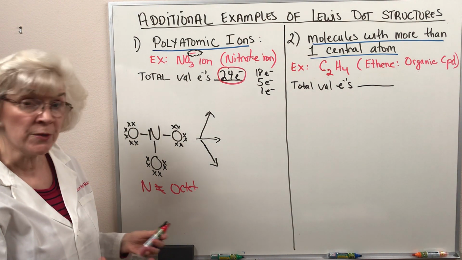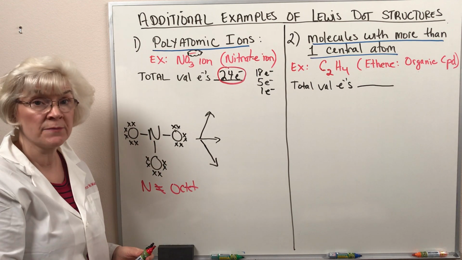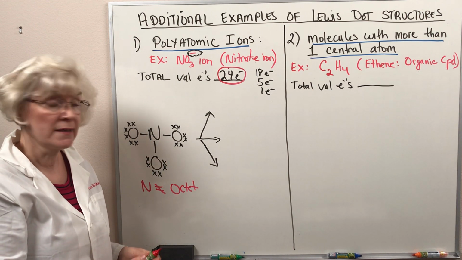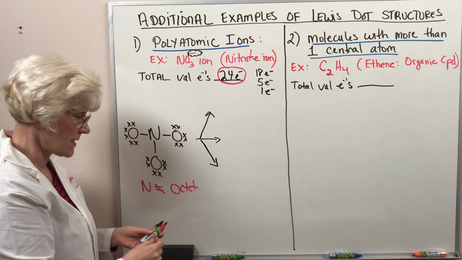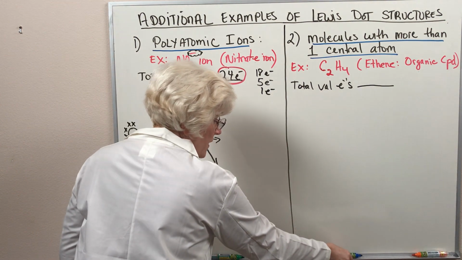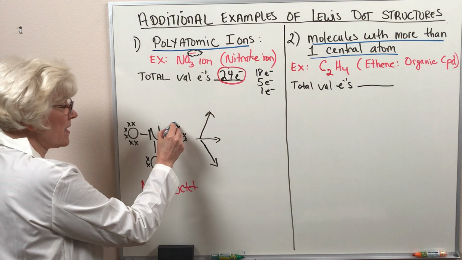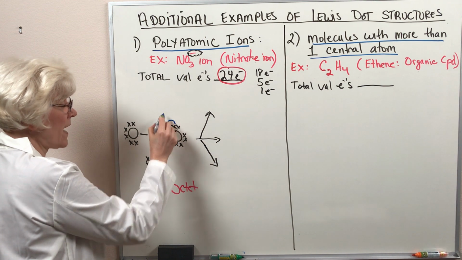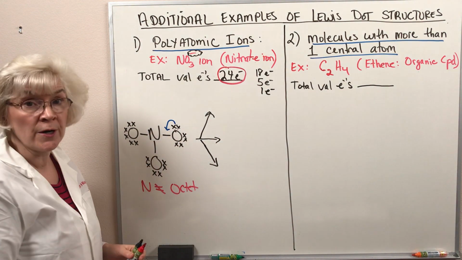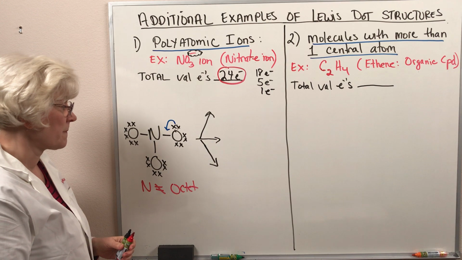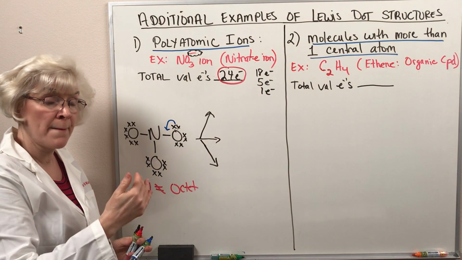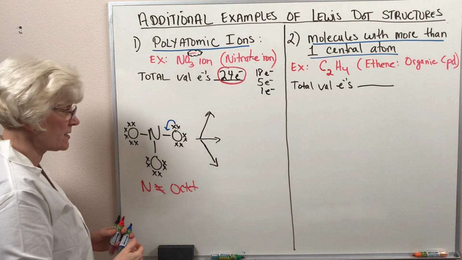Well, what do we do in a situation where the central atom does not have an octet? Step 4 of the process says that we can use unshared pairs of electrons on the surrounding atoms to form additional bonds. Nitrogen needs 1 more bonding valence pair.